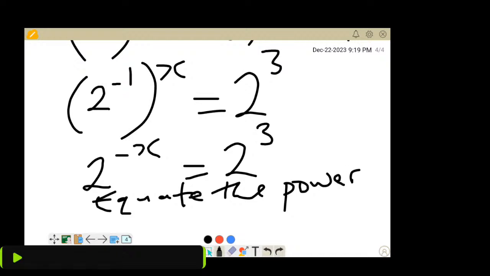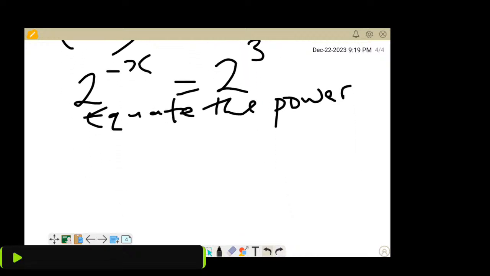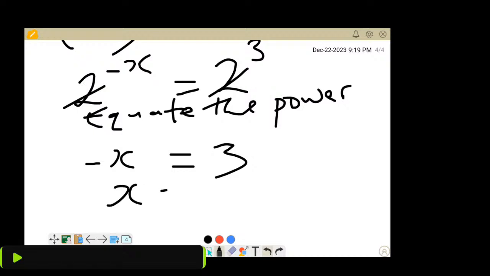By equating the power, we have minus x equal to 3. Dividing both sides by minus 1, we have x equal to minus 3. So that's the answer to that particular one.